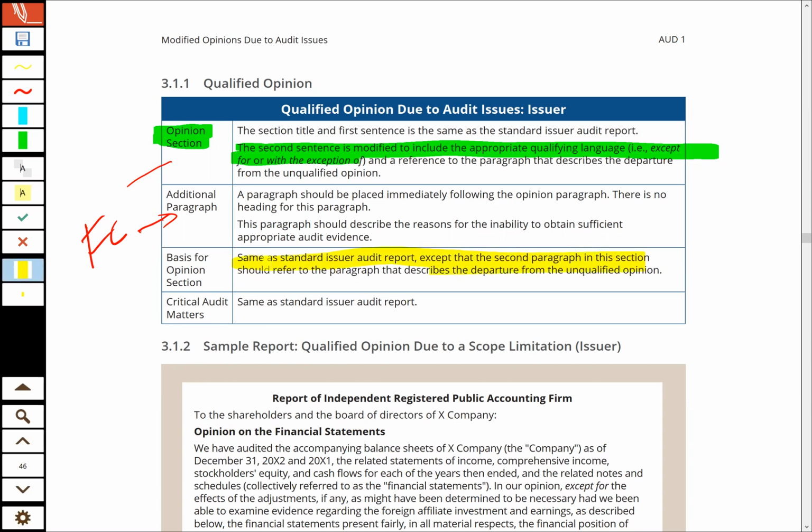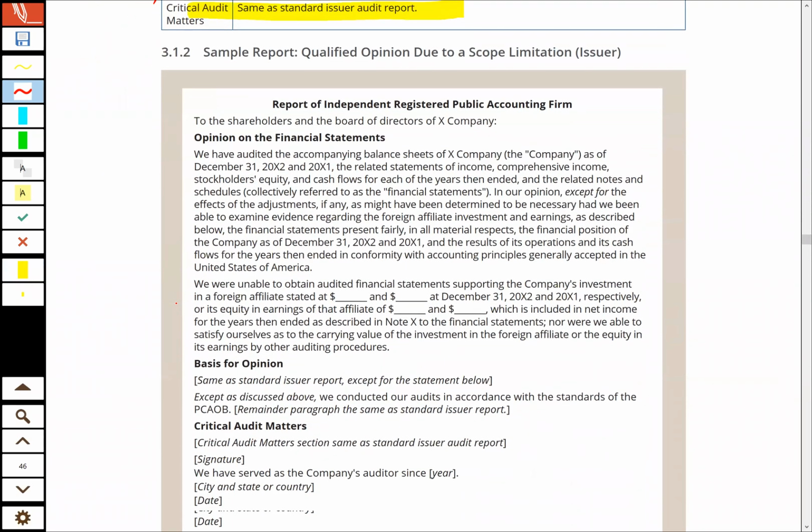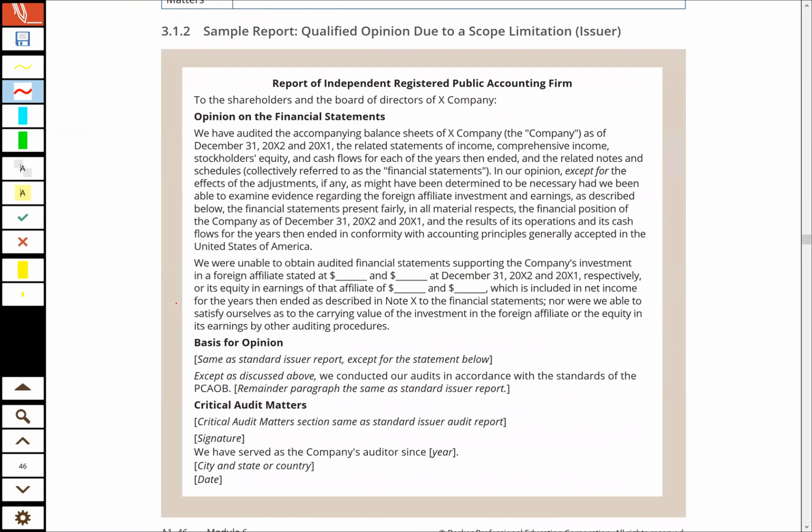There was some audit procedure that we couldn't perform. The rest is going to be just like the unqualified opinion. And then the critical matters is the same. Again, flashcard the pattern. Okay. Then you come down. You see that they were unable to obtain some evidence.